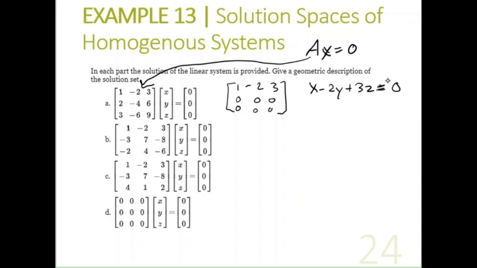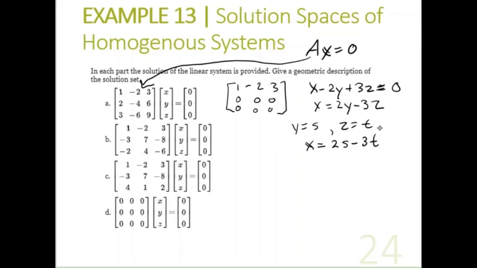Hopefully you remember from there, how would you describe that solution set? Here you remember your parametric equations. Basically you would say that x equals 2y minus 3z, and we would assign some parameters now. We would say that y equals s and z equals t, and then that means that x is going to equal 2s minus 3t.